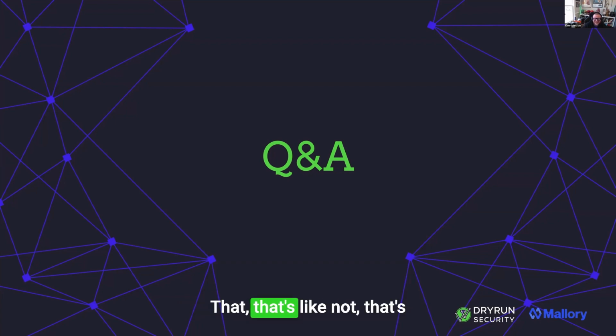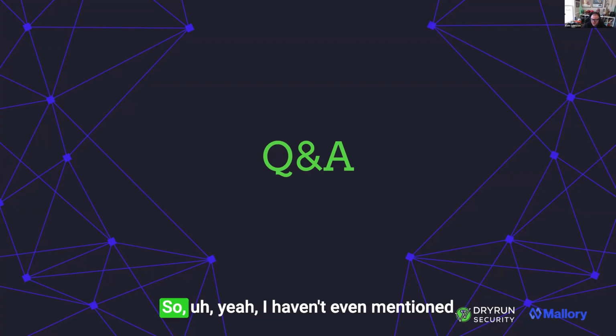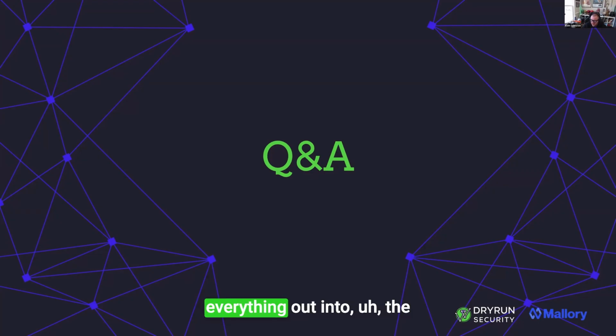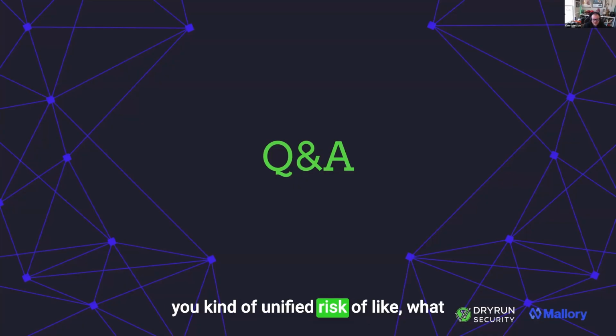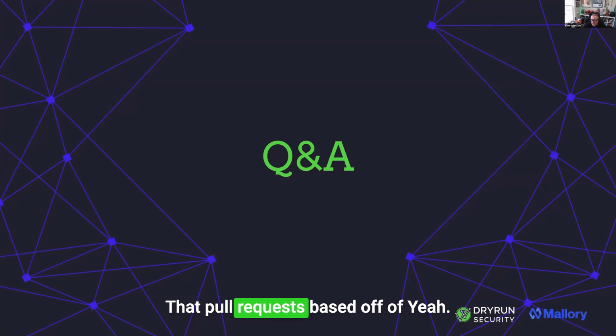But that's kind of the old world, so we're actually collapsing all of that on itself. I haven't even mentioned this, but all of that is going away. It's going to become a single analyzer, which splits everything out into the various vulnerability categories, but ultimately will give you a unified picture of risk on that pull request based on what's going on inside of it.